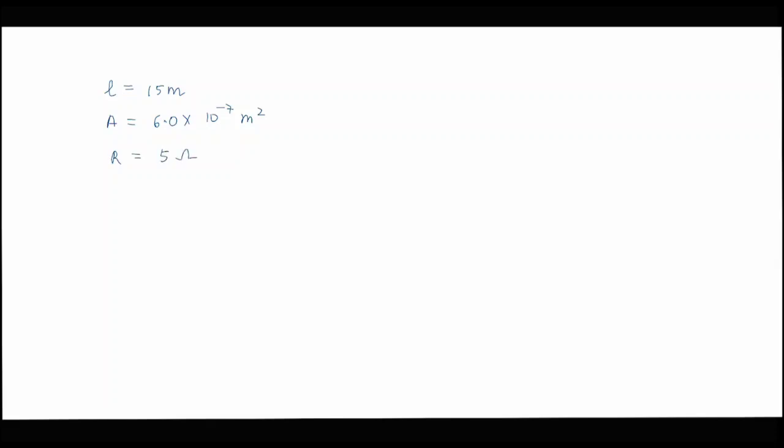So if we use the expression R equals rho L upon A, from here we can calculate the resistivity of the material, which is equal to RA by L. So if we put the values, we have 5 into 6 into 10 to the power minus 7 upon L, which is 15. So on solving we obtain 2 into 10 to the power minus 7 ohm meter. So this is going to be our answer for this particular problem.